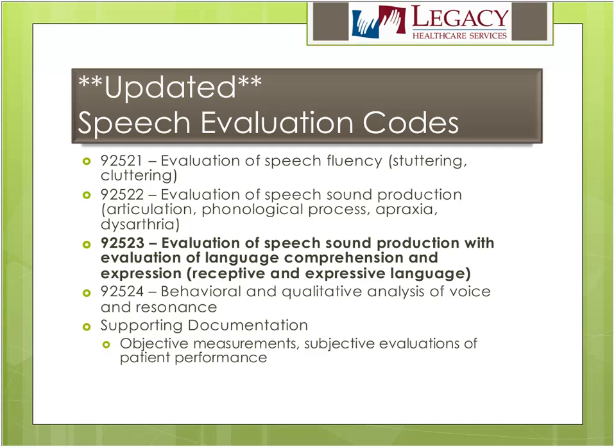So if the person only has deficits in sound production, you would bill 92522. But if they've got deficits in sound production as well as language, comprehension, and expression, it's going to fall under that 92523. 92524 is behavioral and qualitative analysis of voice and resonance.